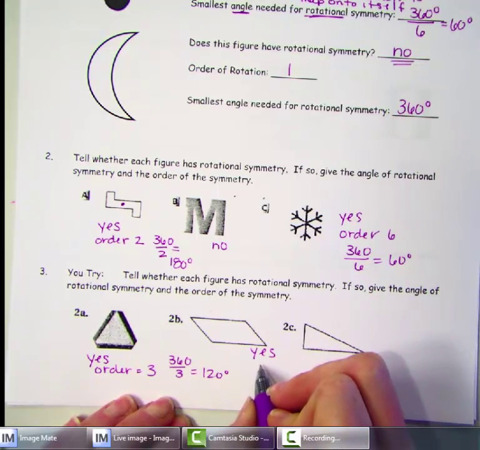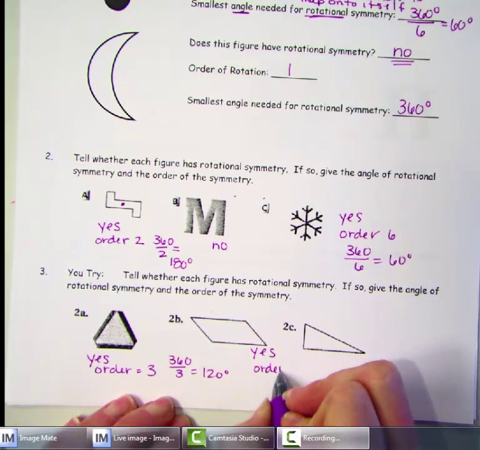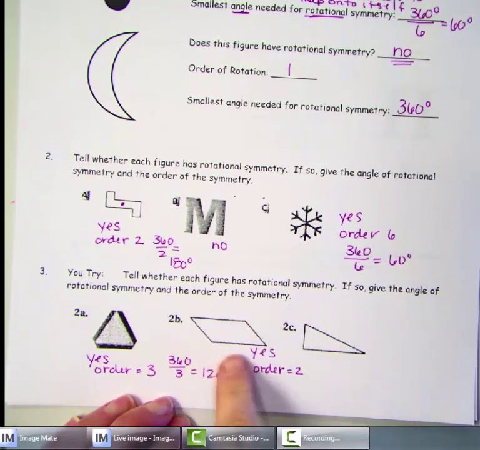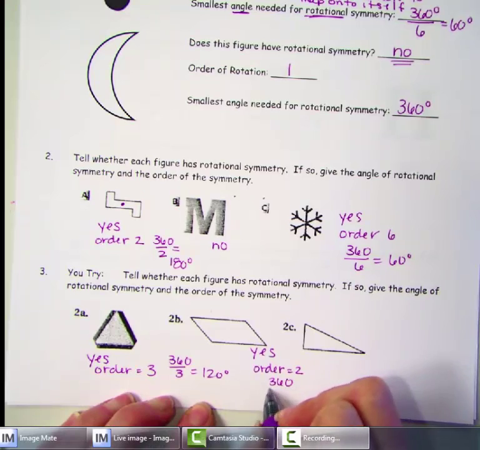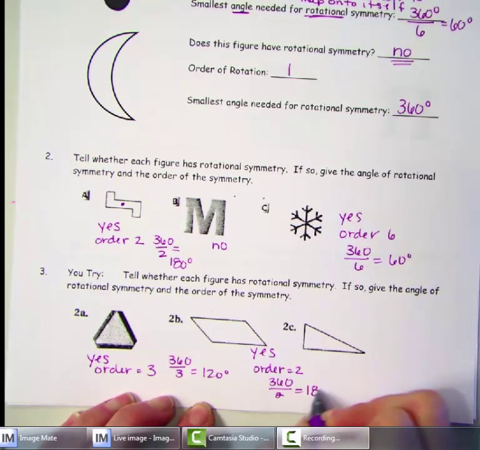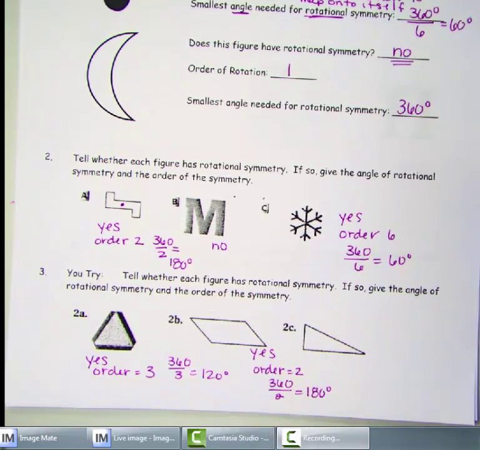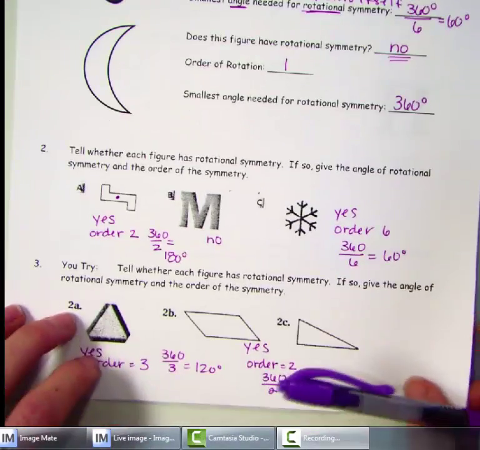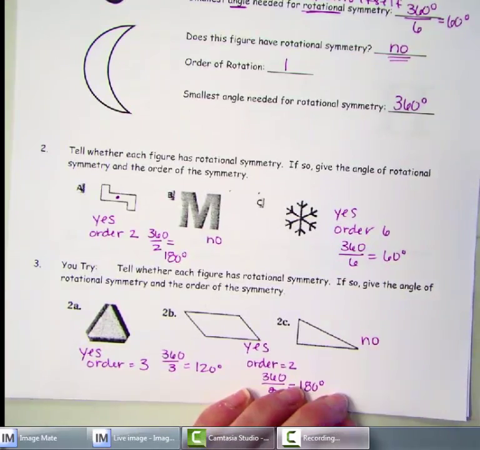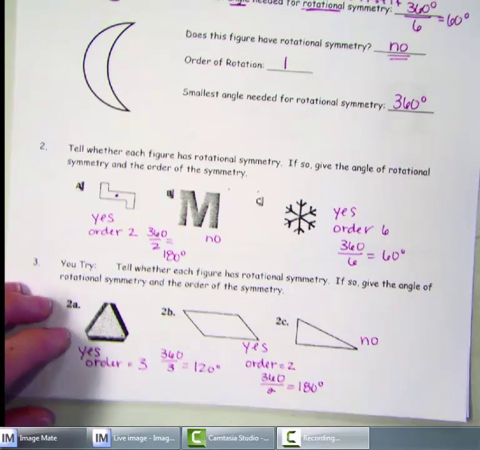I can rotate it twice, upside down and right side up, which means it has 180 degree rotational symmetry. And the last one, I cannot turn this at all and have it look the same. This does not have any rotational symmetry.